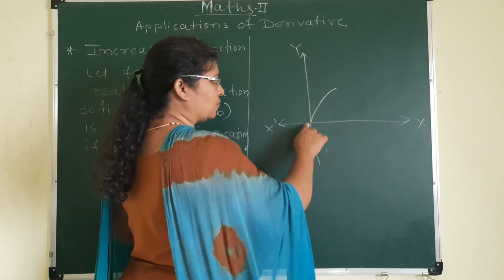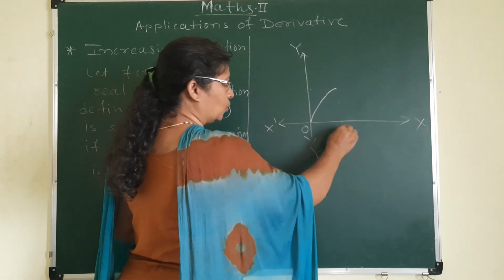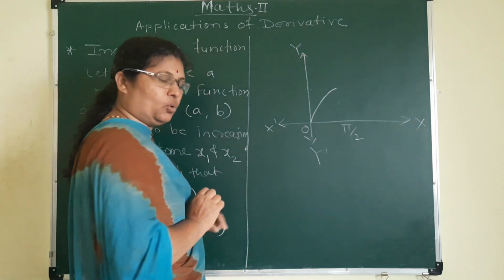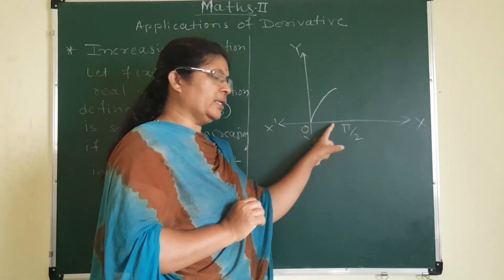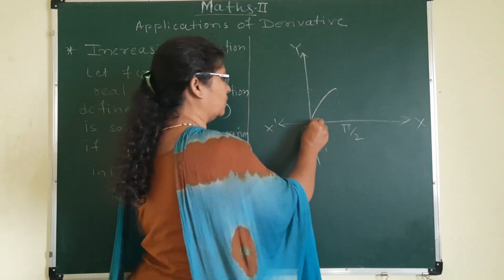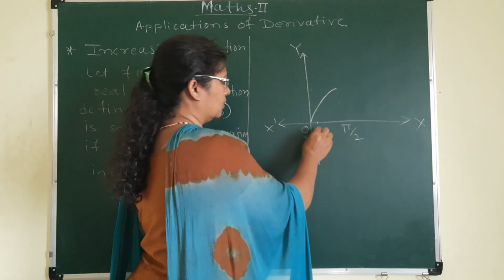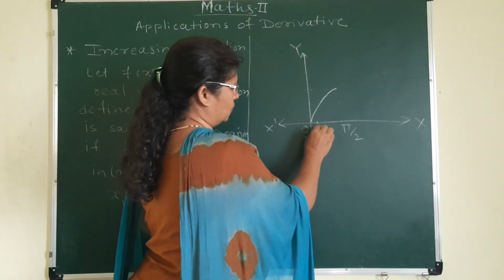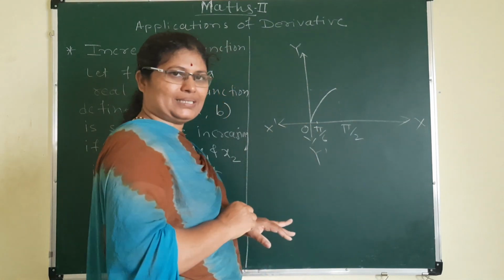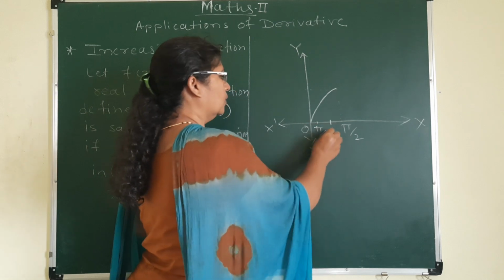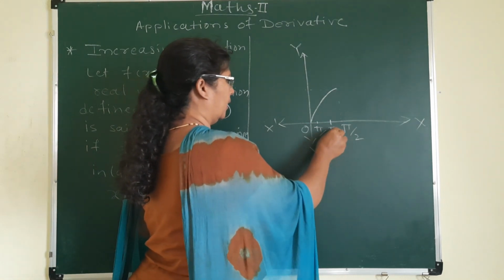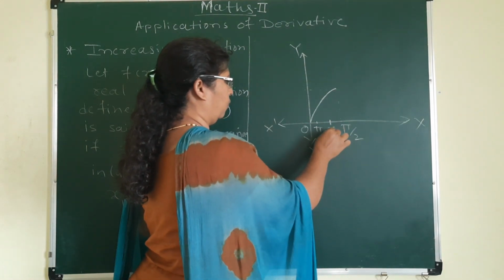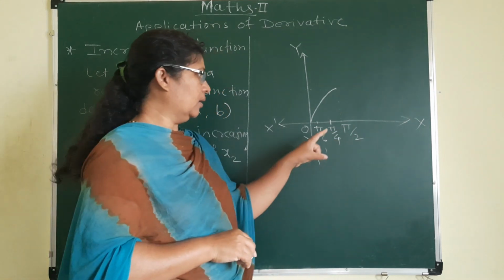Now look at this function. This is 0, this one is pi by 2. So if I consider any two values from here, suppose this one is pi by 6 and this value is pi by 4.